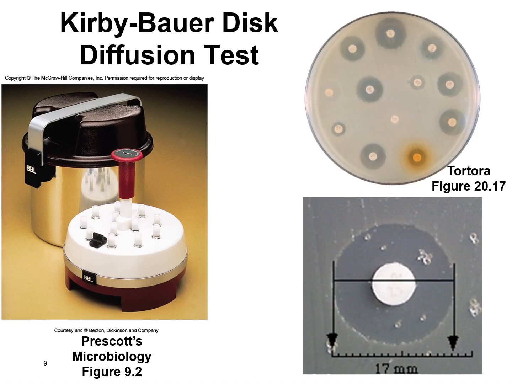So what we can do with this information is measure this zone of inhibition here. They just measure that in millimeters. So maybe we measure this one up here, and let's say that measures 22 millimeters.